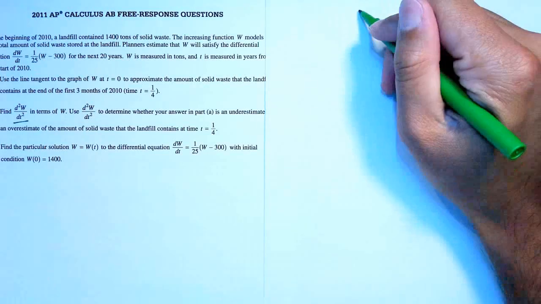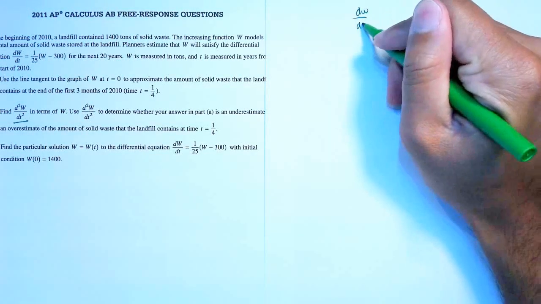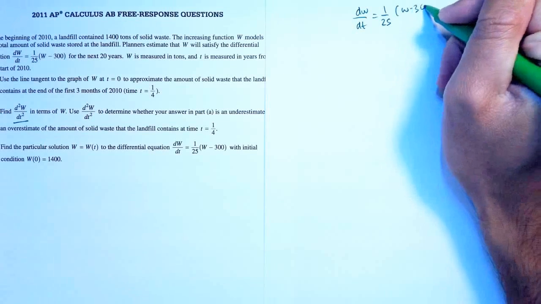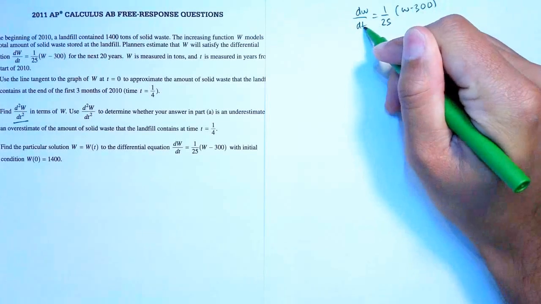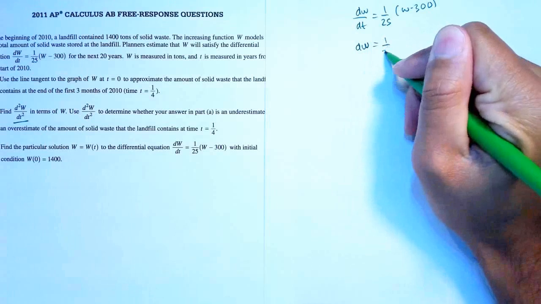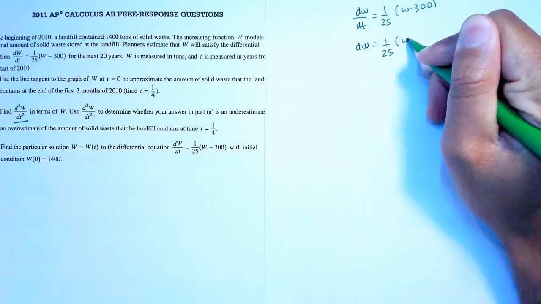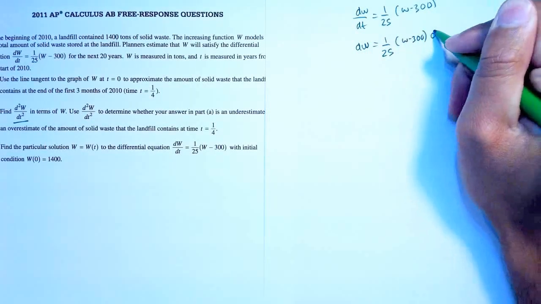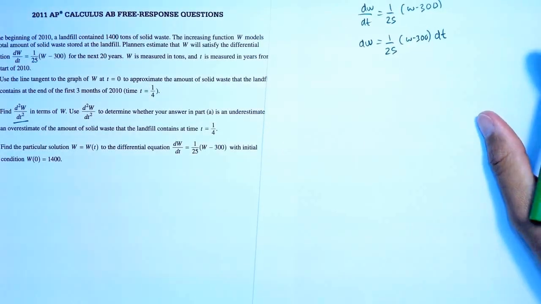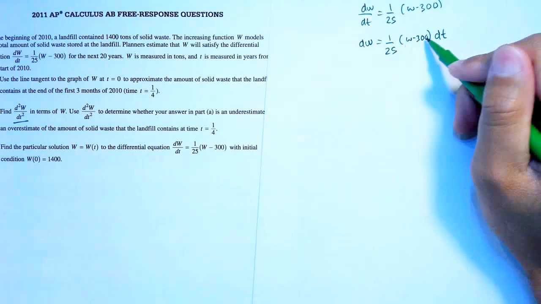So when I have dw over dt equals 1 over 25 parentheses w minus 300, I'm going to cross multiply and get this dt over here. Now when I do that, I get dw equals 1 over 25 parentheses w minus 300, close them, dt. Now this doesn't really make sense in the beginning, because this is a w and this is dt.